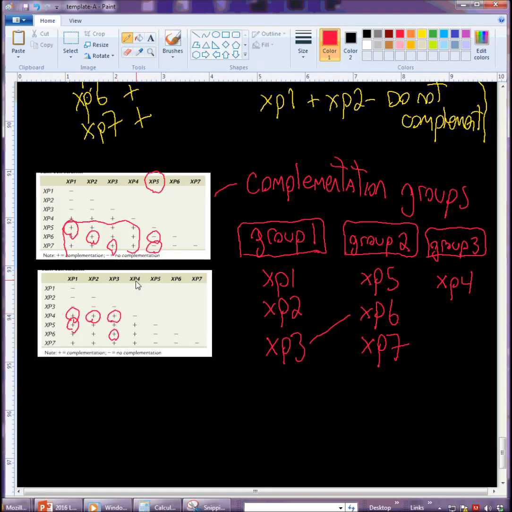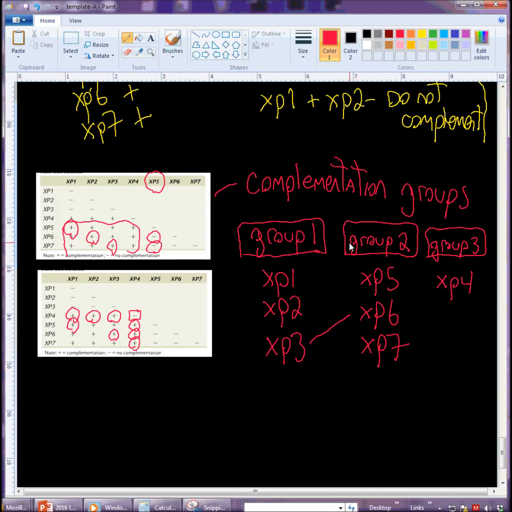XP3 complemented. Okay, now we have XP4 with XP5 complemented. XP4 with XP6 is complemented. XP4 with XP7 is complemented. So XP4 complements everything except for itself right here. So if you were to take two XP4 cells and just fuse them together, you would not see unscheduled DNA synthesis, and that makes sense. So XP4 is in a group by itself here.